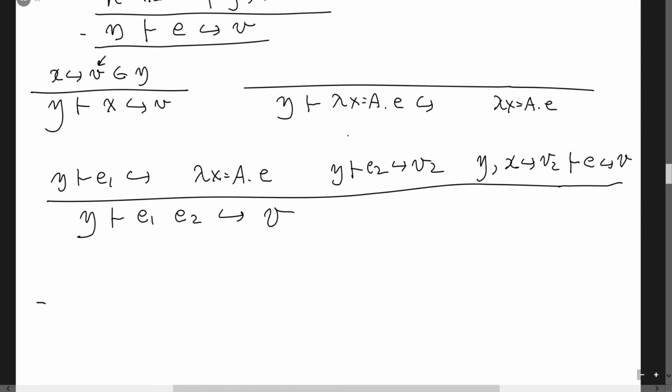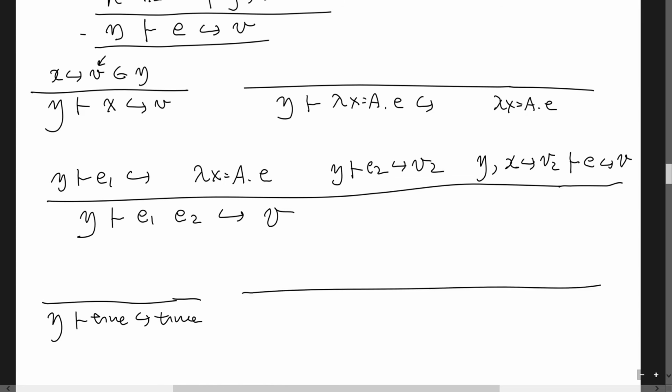And what about true? Well, it's easy. True, just return true. And there is the other case for false. And what about this if then else expression? If expression E then E1 else E2.